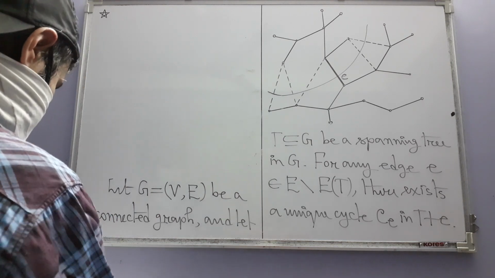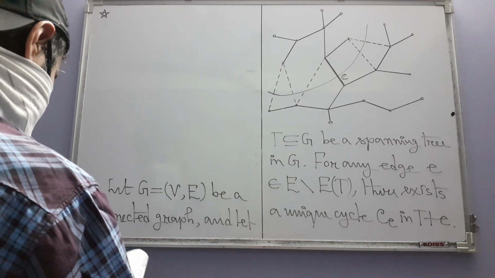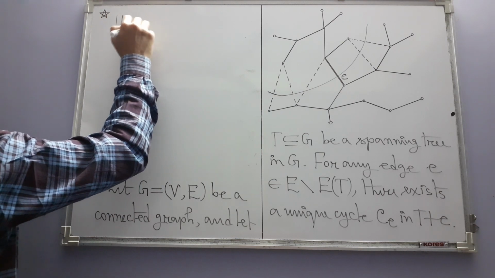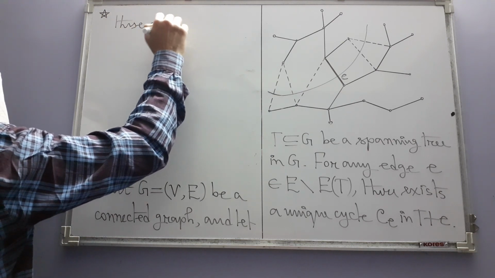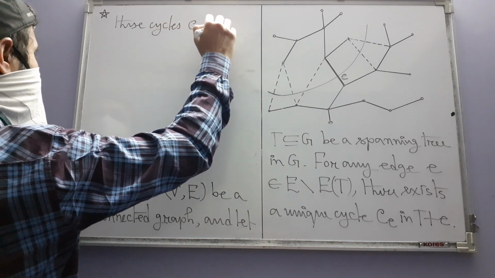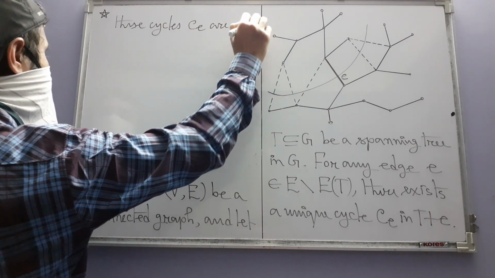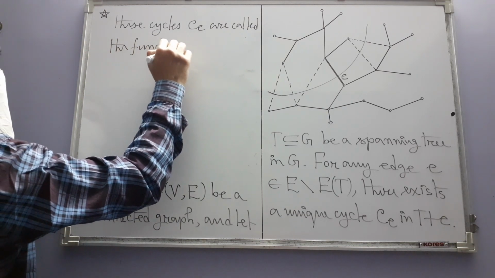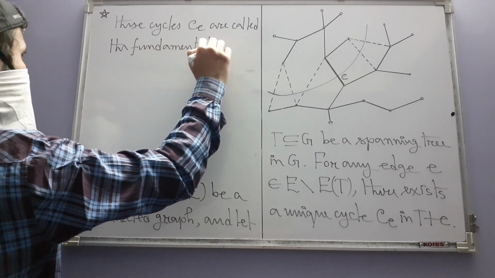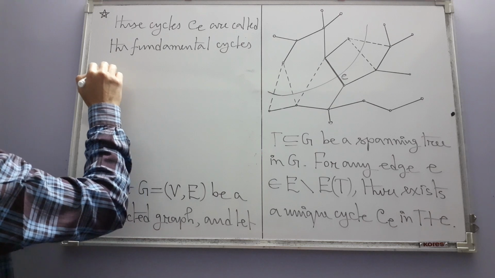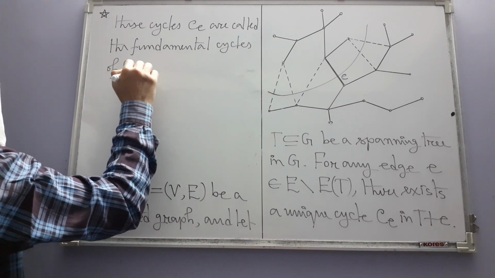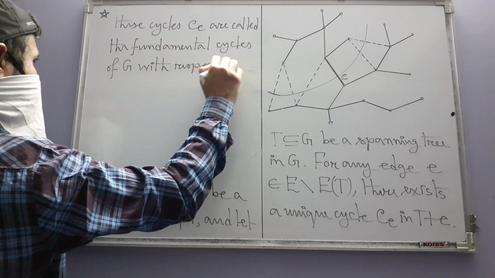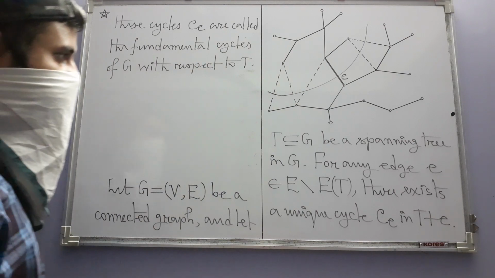They are called fundamental cycles. These cycles C_e are called the fundamental cycles of G with respect to the spanning tree T.